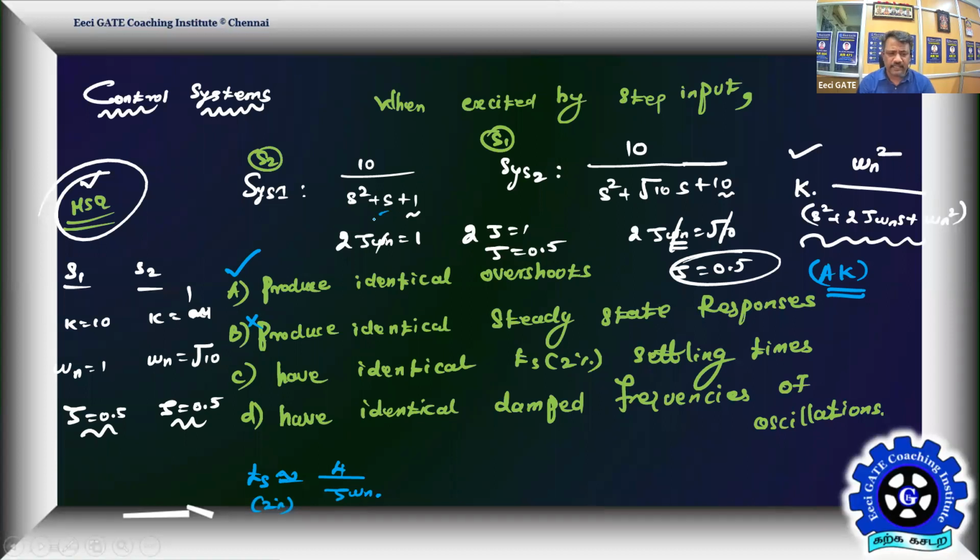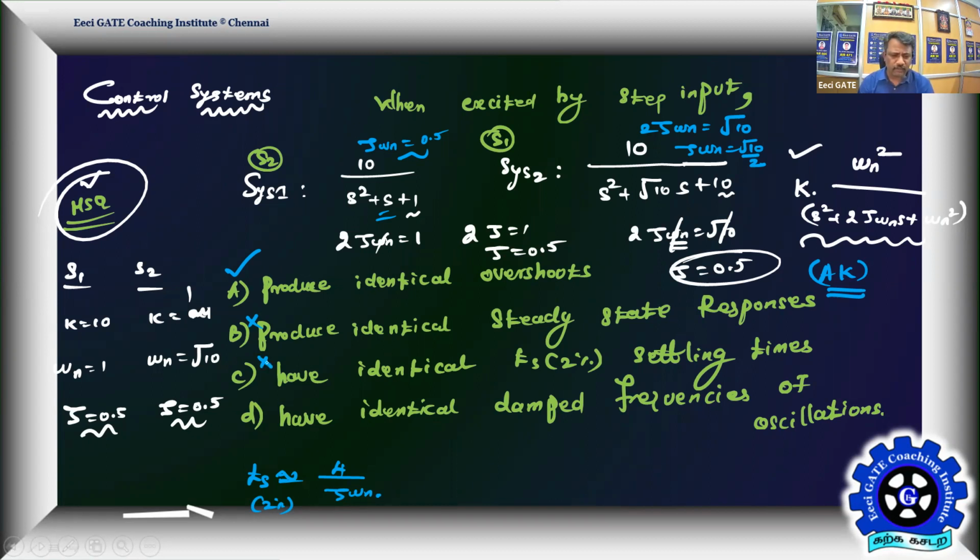For system 1, 2 zeta omega n equals 1, so zeta omega n is 0.5. For system 2, 2 zeta omega n equals root 10, so zeta omega n will be root 10 by 2, which is greater than 1. So this is different. Since they don't have identical zeta omega n, they will have unique settling times. Identical settling is not possible.